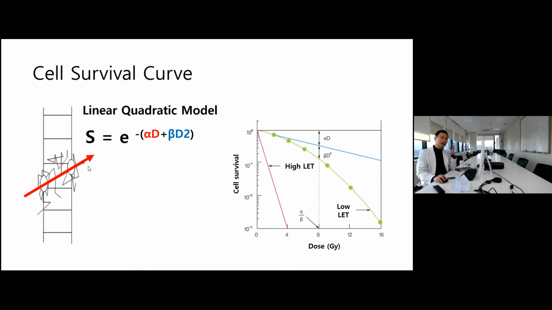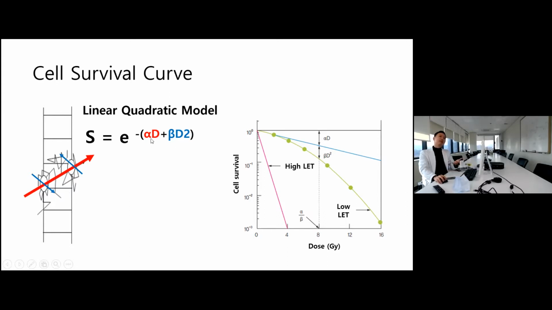However, there is another way to cause a double strand break, which is a composition of two single strand breaks. If such single strand breaks happen very close together, they can have a similar effect to a double strand break made by one hit.